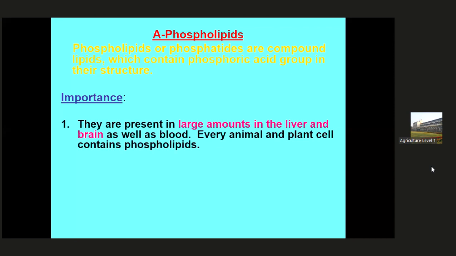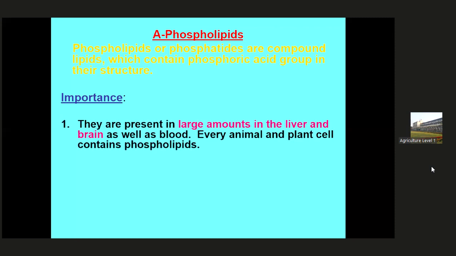Importance: it is very important and present in large amounts in the liver and brain as well as in the blood. Each and every animal and plant cell contains phospholipid because of the cellular and subcellular membrane. We know the cell has a membrane structure, based on which different types of metabolites like electrolytes, for example sodium, potassium, glucose, etc., can enter into the cell and exit from the cell.